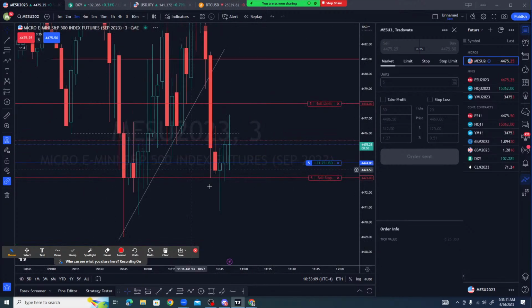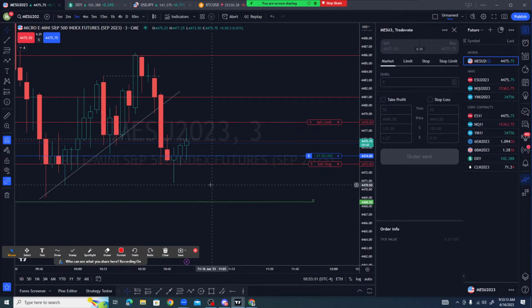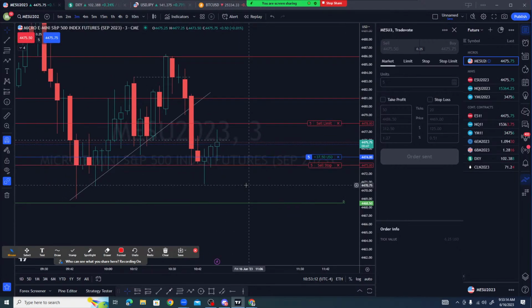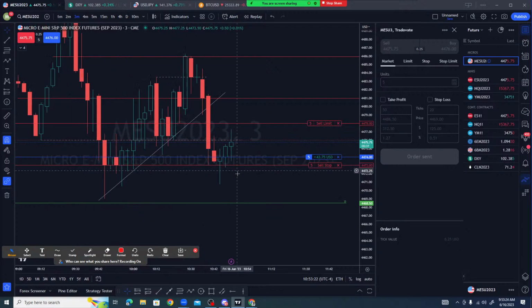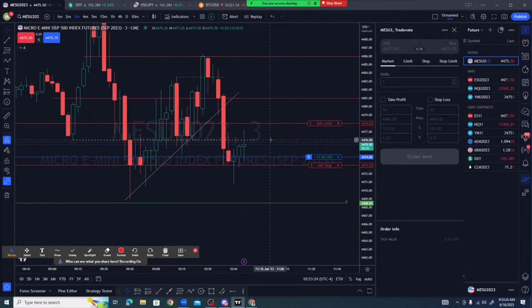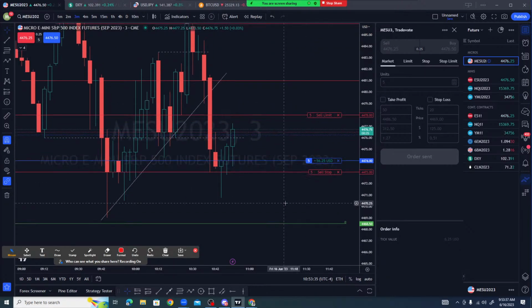Like it. 3-minute chart. I'm okay with it. Big fair value gap right there, situated at this area. But again, look at that structure, holding it down. Trying to be as patient as I can with it.